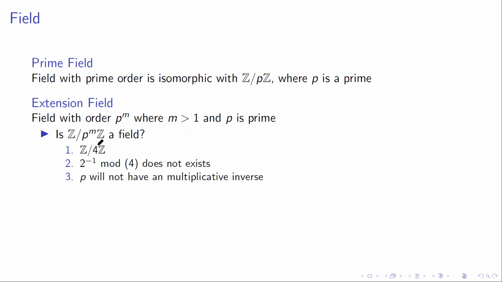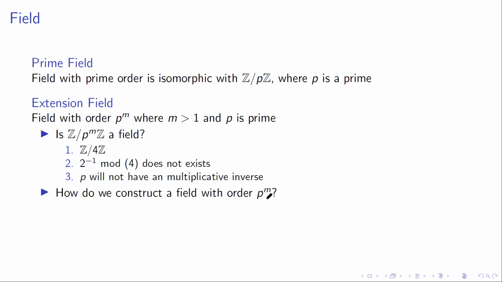Because I have just proved just now that this 2 does not have an inverse. If we take P to be 2 and M to be 2, this is not a field because one of the elements does not have an inverse. That's why we cannot just build an extension field just like that.